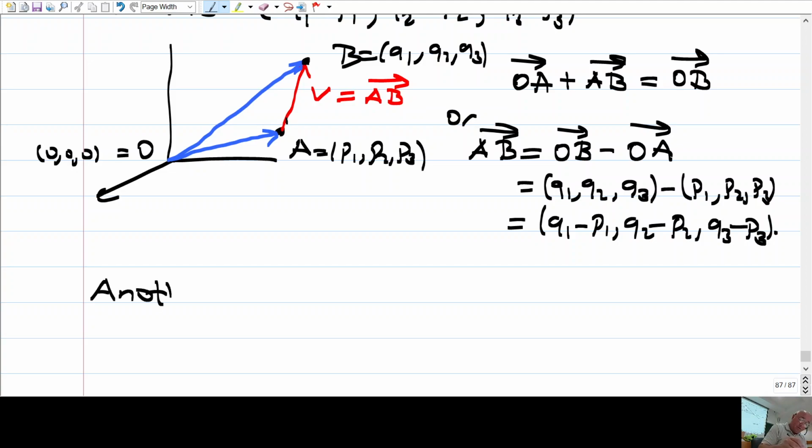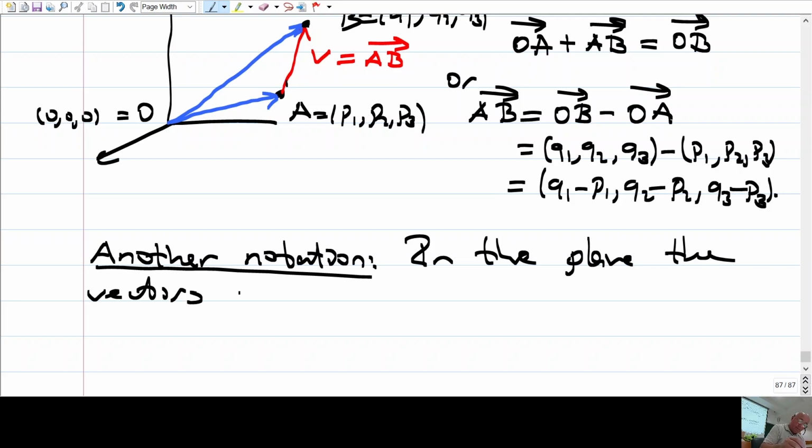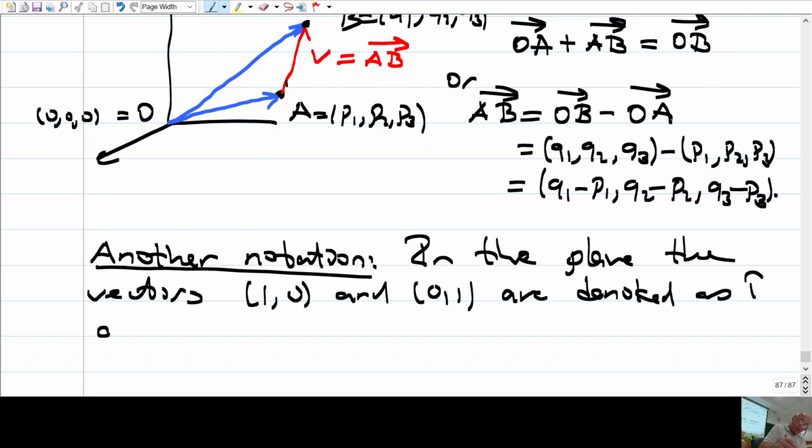Another notation which you are actually familiar with is the following one. In the plane, the vectors 1, 0 and 0, 1 are denoted as I and J, right?